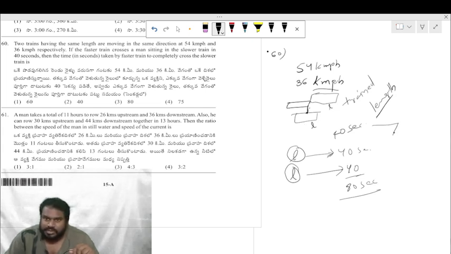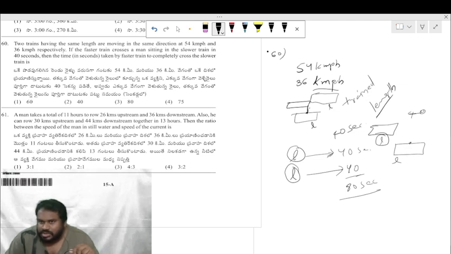Okay, understood. There is one train, there is the other train. Both have the same length. To cross this person, it took 40 seconds. Crossing a person means covering its own length.